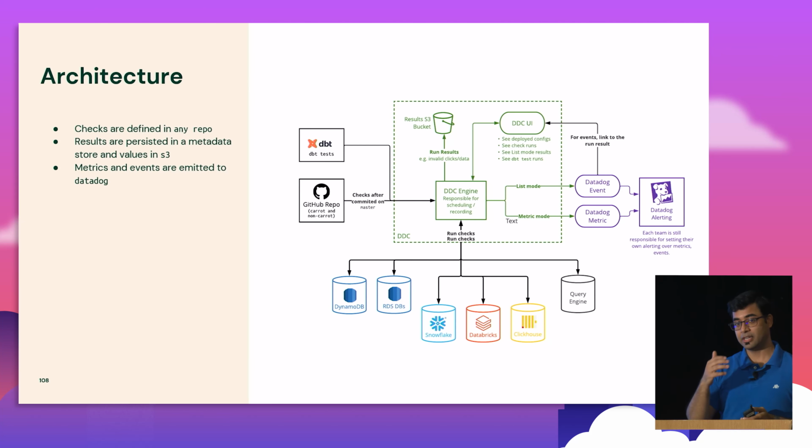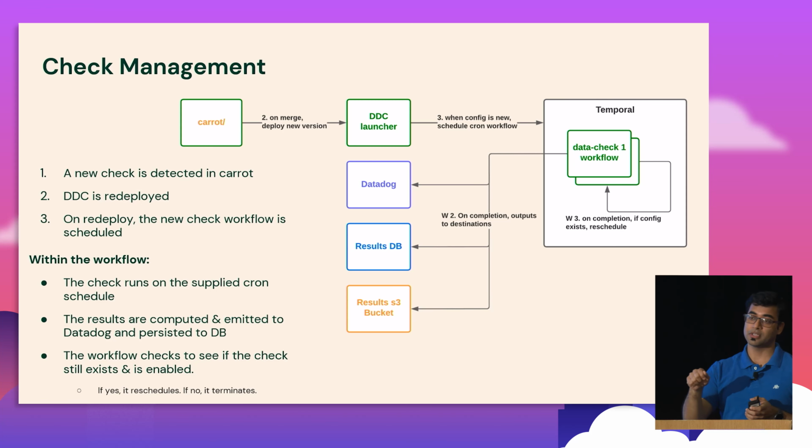And then it creates a long-running workflow, where each activity queries the database, gets the result, saves it to S3, sends it to Datadog, and then, depending on the failure condition, alerts to Opsgenie or alerts to Slack, depending on what you have specified. So it is a very plug-and-play way. If you say, hey, I don't want Slack alerting, there's an easy way to turn it off. Or, I don't want Opsgenie, I'm replacing it with, let's say, PagerDuty, there's a very plug-and-play way to do that.